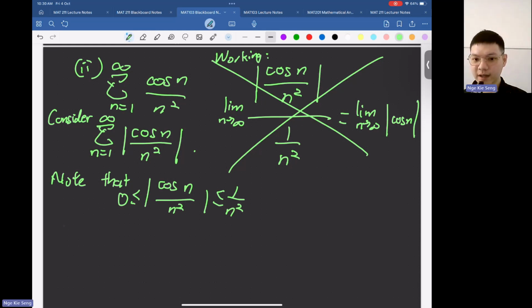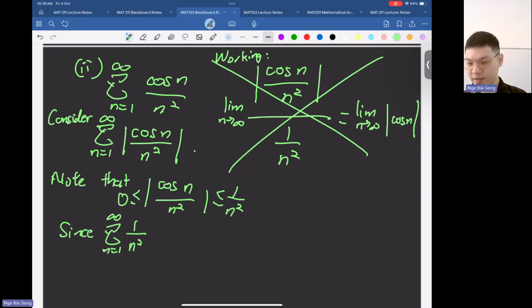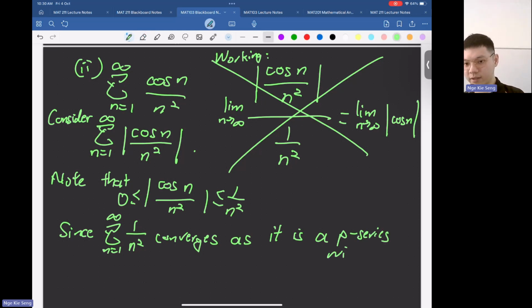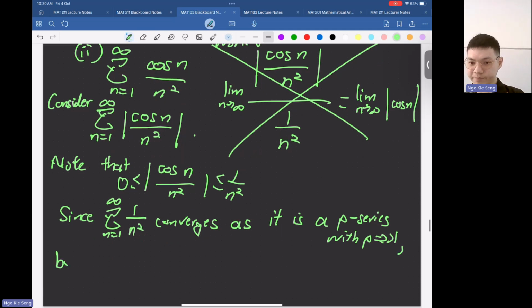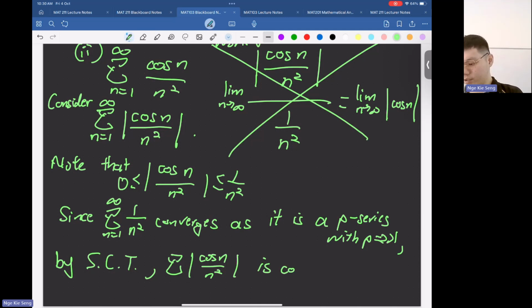Since the sum from n equals 1 to infinity of 1 over n squared converges, by the same reason as before, this is a p-series with p equals 2, which is greater than 1. Then by the simple comparison test, we know that the series of the absolute value of cos n over n squared is convergent.